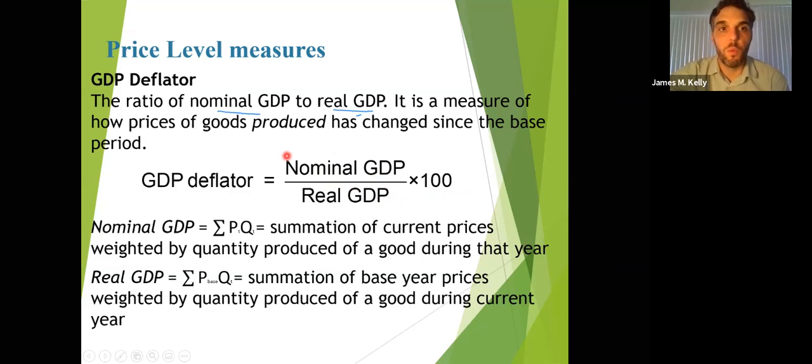When we're finding nominal GDP, what we're finding is the market value of all the goods being produced using current prices. That's the key here, this current prices idea. The way we find that is by summing.